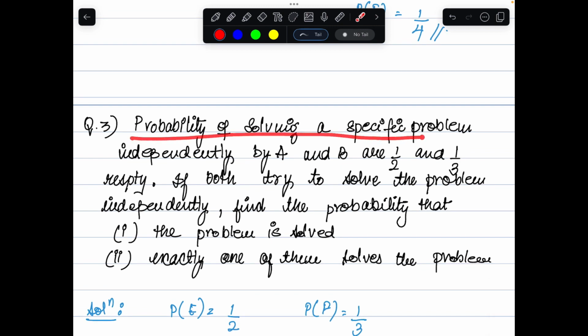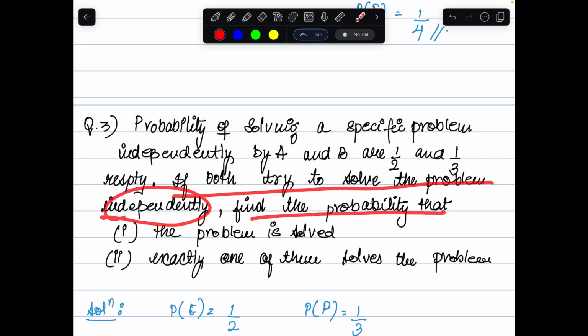Probability of solving a specific problem independently by A and B are half and 1/3. That means independently. So A solving it is half, B solving it is 1/3. Now if both of them try to solve the problem independently, find the probability that the problem is solved.